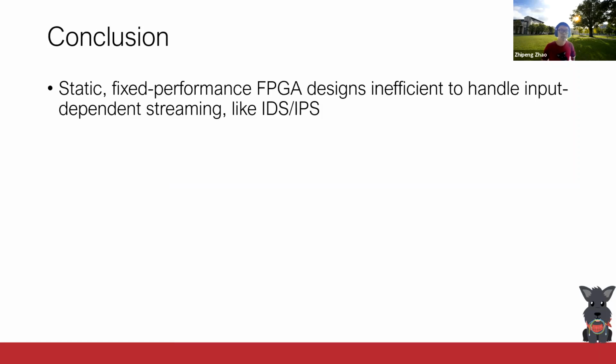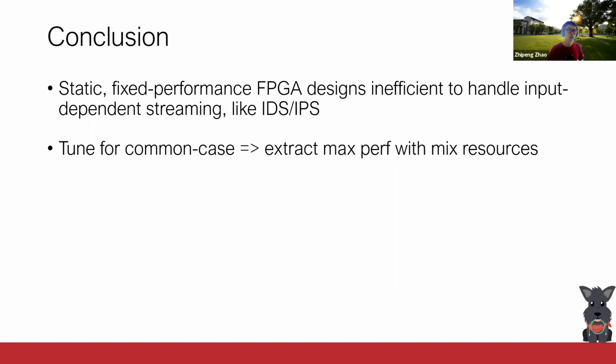Now let me conclude. The traditional static and fixed performance FPGA designs are inefficient when handling input-dependent streaming applications such as intrusion detection and prevention systems. Our first insight is to tune for the common case, which allows us to extract the maximum performance using minimum resource.